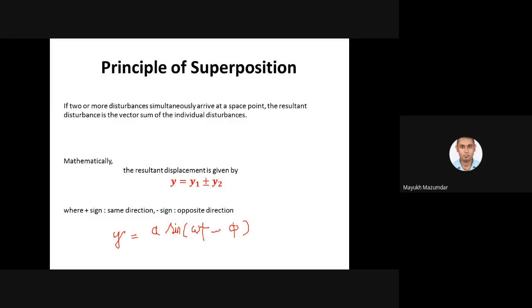Suppose it is the displacement of one wave. If we have another wave, we will have another displacement equation. The resultant would be the vector sum of that. Forget about the vector sum here; we more importantly consider the direction, whether the waves were traveling in the same direction or in the opposite direction.